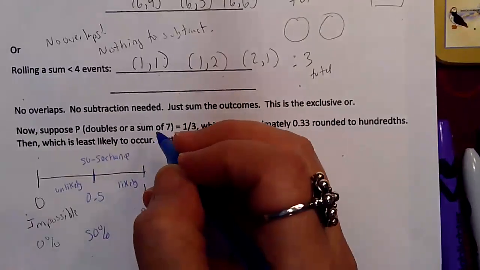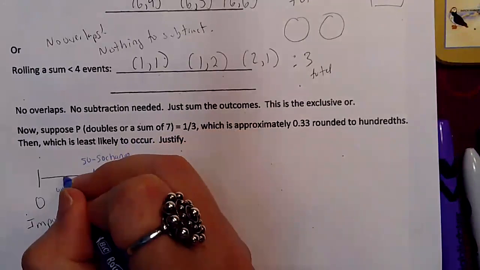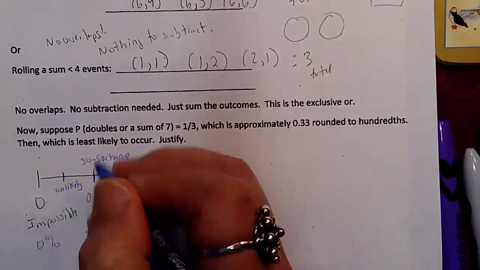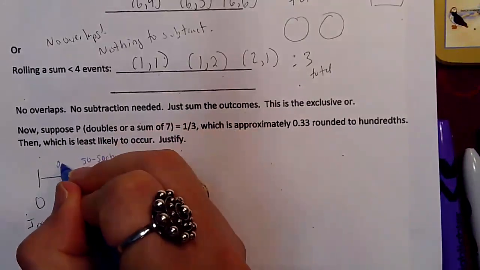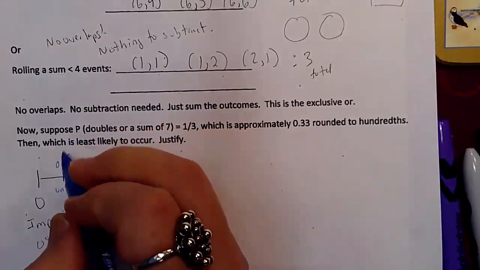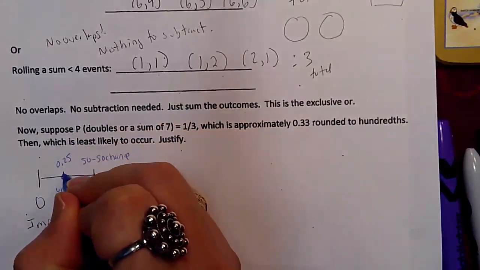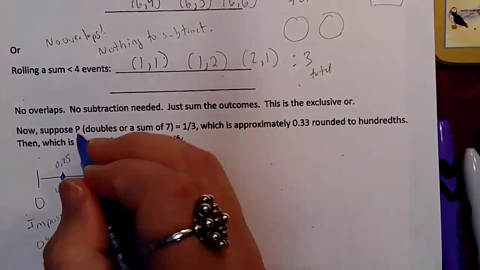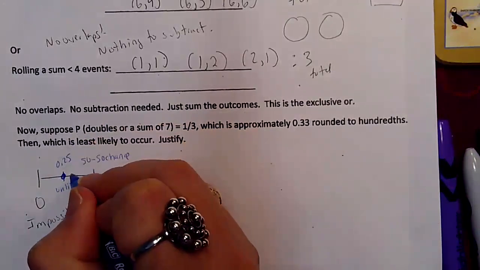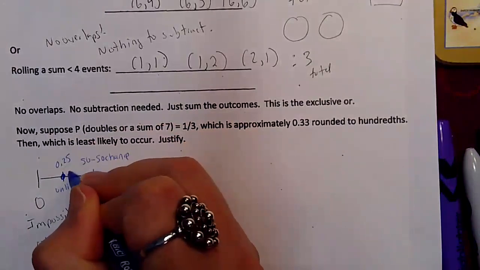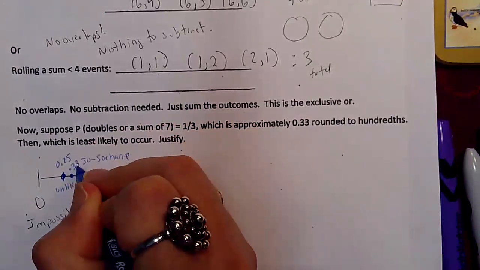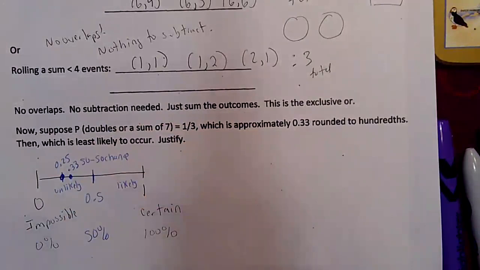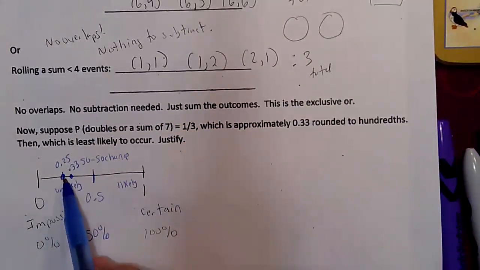So I think that would be, let's see, this is like halfway in between 0.25 and then 0.33 would be about, maybe about right here. So the one that's least likely to occur would be this one, the 0.25.